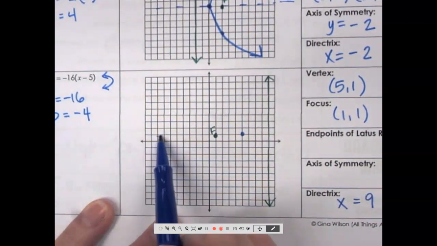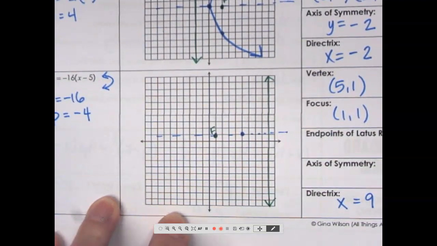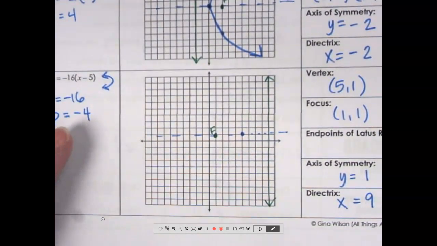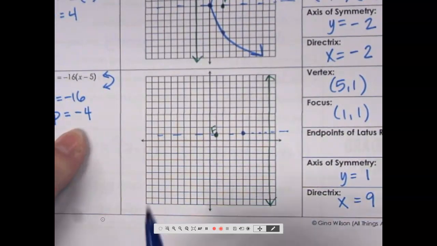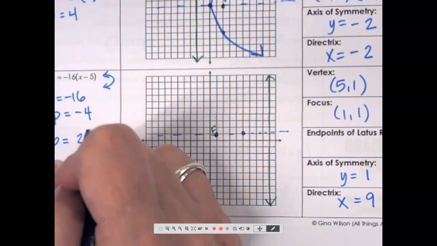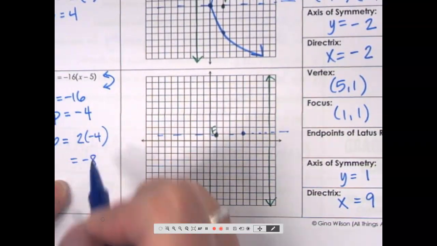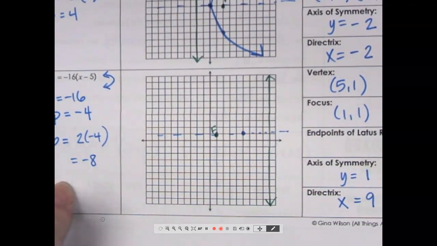Axis of symmetry cuts straight through focus and vertex. So that equation is y equals 1. And then from that focus, we need to figure out what 2p is. So 2p is 2 times negative 4. Kind of ignore the negative. That tells me I'm going to go, oh wow, this is really wide.